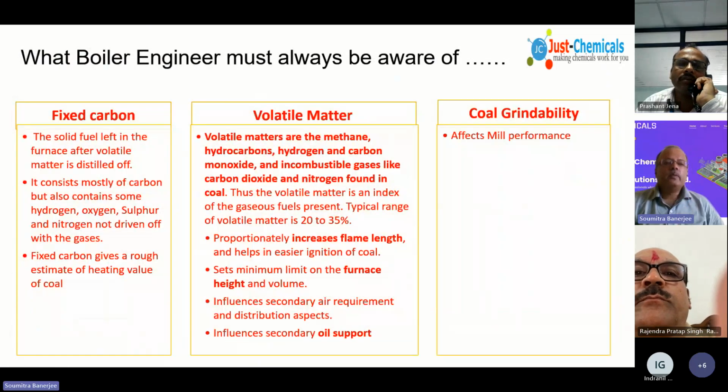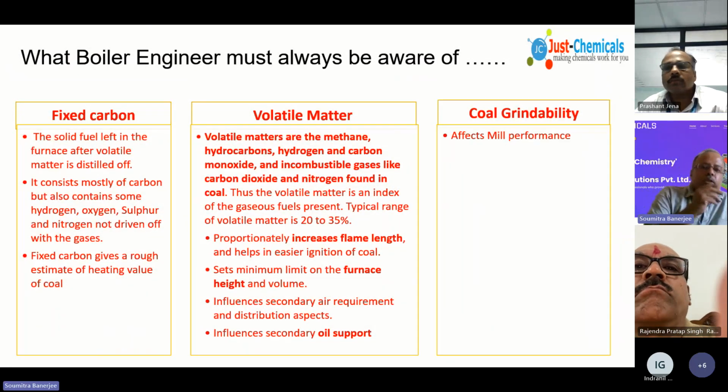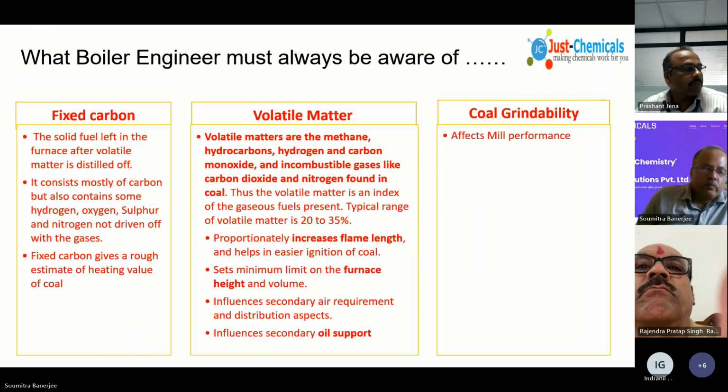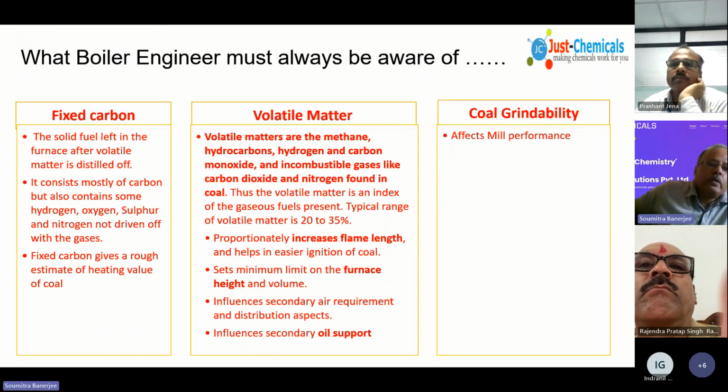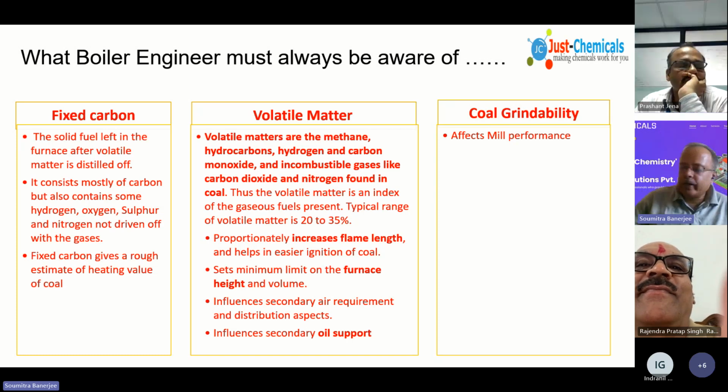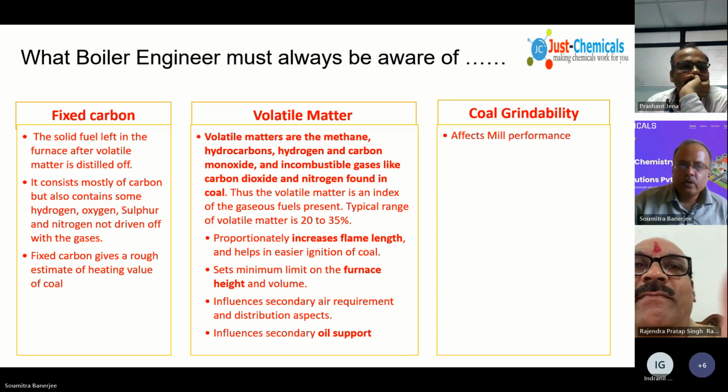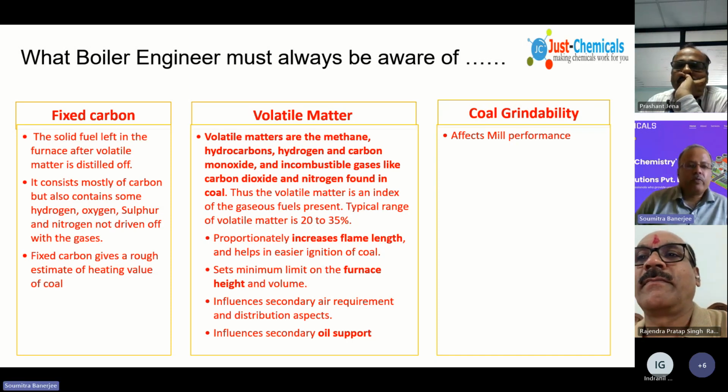Now, fixed carbon, what boiler engineers must always be aware of. Fixed carbon is the solid fuel left in the furnace after volatile matter is distilled off. When the VM is distilled off, you get solid fuel left in the furnace.